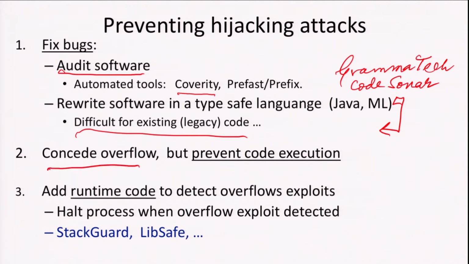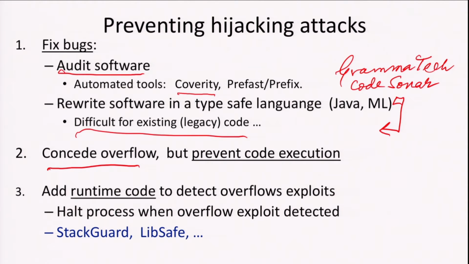And the second approach is to accept the fact that there will be overflow, there will be program vulnerabilities, and therefore the approach there is to prevent the code execution beyond the point where overflow happens or control hijacking happens. So you have to detect that control hijacking is happening, and then accordingly stop the program or do some recovery action.